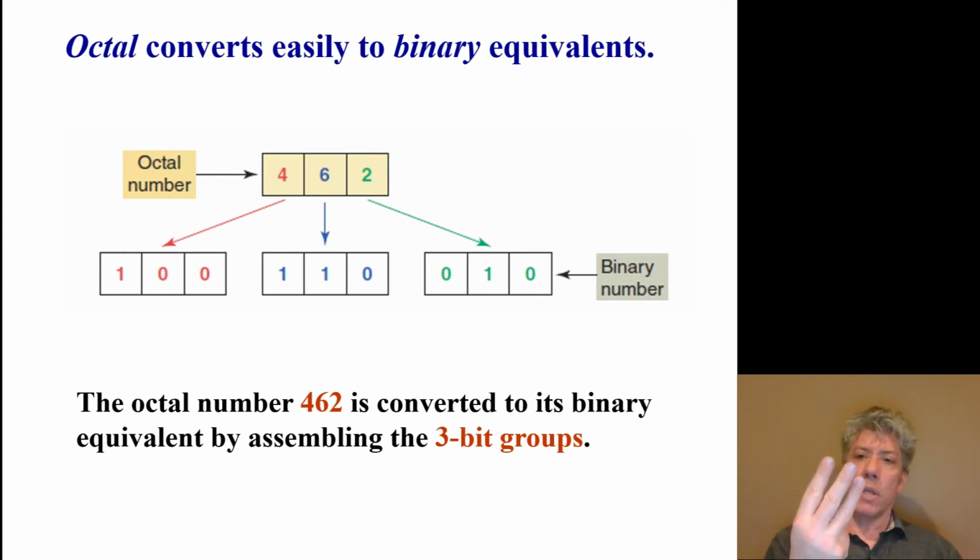Well, to represent 6, I need a 4 and a 2. So there we go, 1 1 0. And I'm probably doing this backwards from your view, I apologize. Here's the 1s, the 2s, the 4s. So there's a 4. 1 0 0 would be a 4. And so it's easy to convert these octal numbers into binary and the other way back as well.